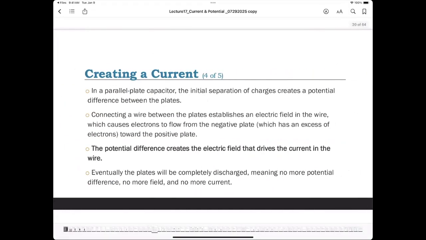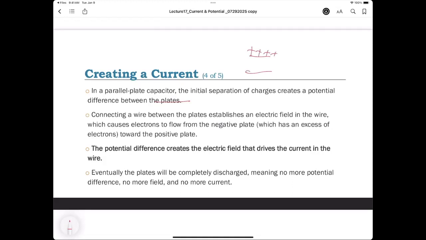Okay. In a parallel plate capacitor, the initial separation of charges creates a potential difference between the plates. We talked about this in the last class. Connecting a wire between the plates establishes an electric field in the wire, which causes electrons to flow from the negative plate, which has an excess of electrons, towards the positive plate.